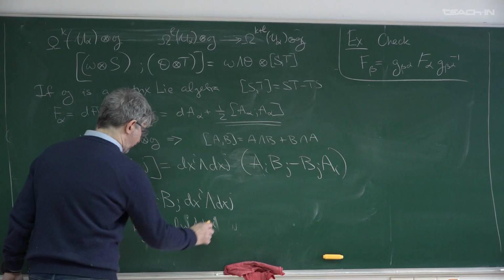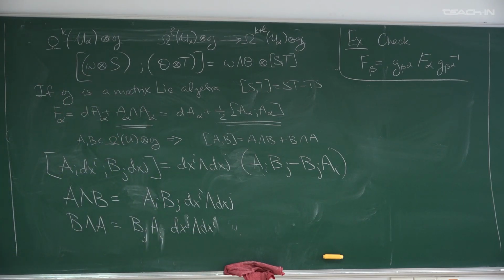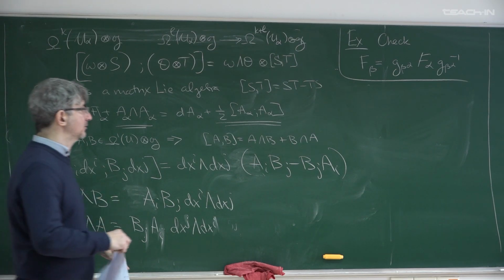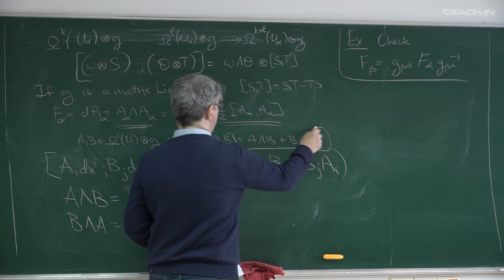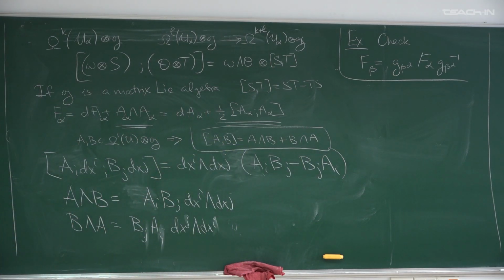So we have three expressions: the commutator, one wedge product, and another wedge product. And I claim that there is a formula which relates these three things. Let us check that it's true.